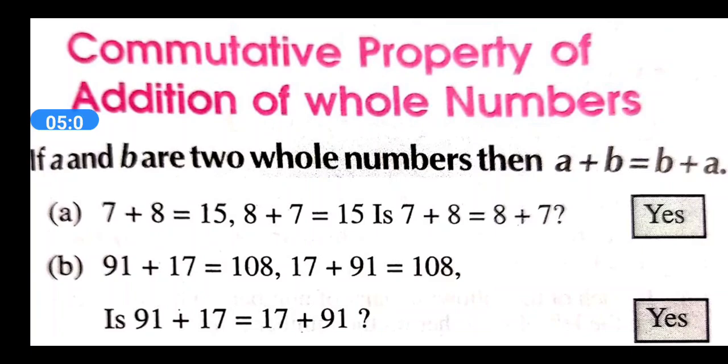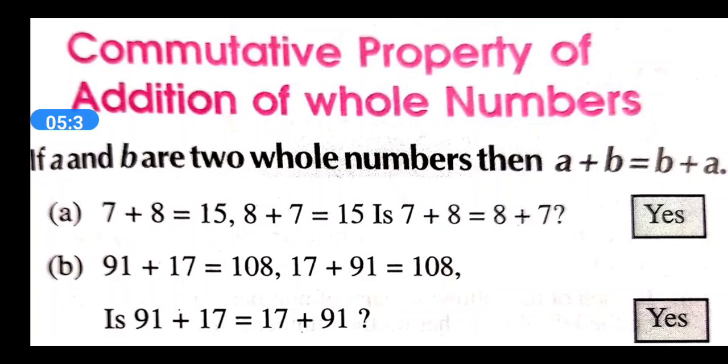Let us check it out with the help of an example. When we add 7 and 8, we get 15. Now when we change the order and add 8 and 7, then also we get 15. So we observe that the sum of two whole numbers remains the same when we change their order.